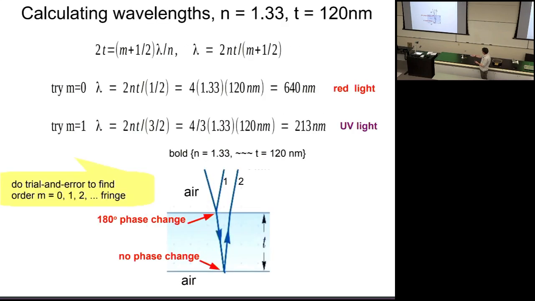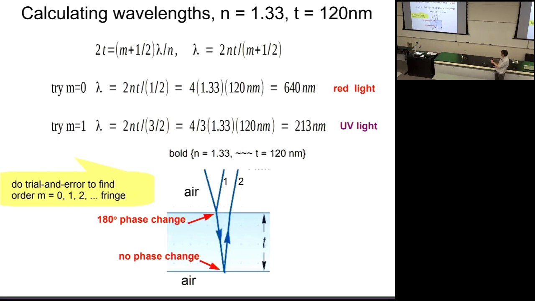Well, it's going to take me the rest of the class to get to the solution, but here it is. Here are the two things I know: the refractive index of the medium, the thickness of the soap bubble. Here's the equation that describes this situation of constructive interference.